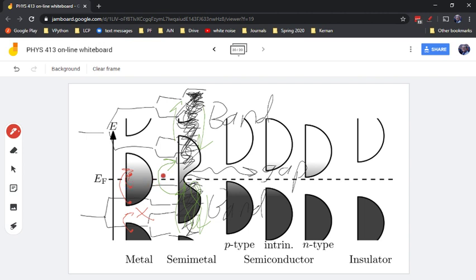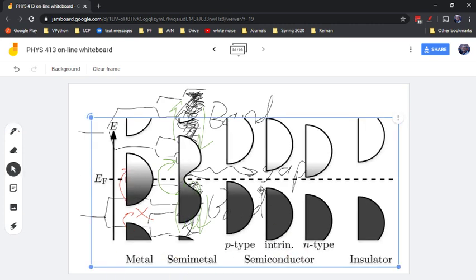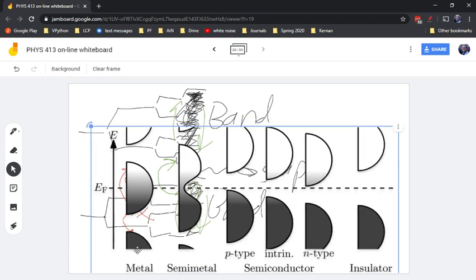So we like to say that all the interesting physics happens around the Fermi level, around the Fermi energy. And the way you end up with different types of conductors is literally with these different types of band structures. So you might have your metal here, for example, that has a band that pretty much straddles the Fermi energy. You see how this band is kind of cut in half by the Fermi energy?